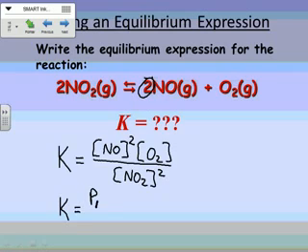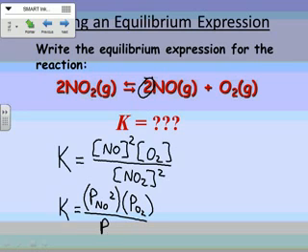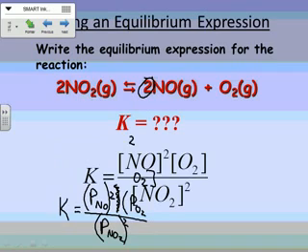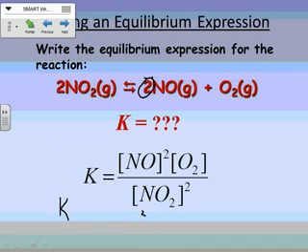So I could say the pressure of the NO squared times the pressure of the O2 divided by the pressure of the NO2 squared. And maybe I should put that on the outside. Like that. Okay, so that's another way I could write the equilibrium expression, just depending. Whoops, there it is. Okay, it looks like I was thinking in terms of concentration on this one. But again, you can write it in terms of the pressure like we talked about before.